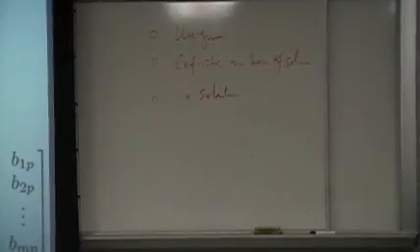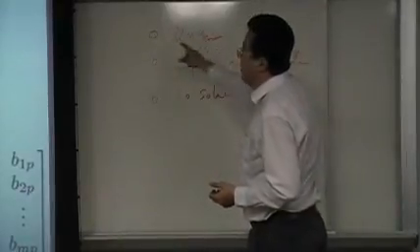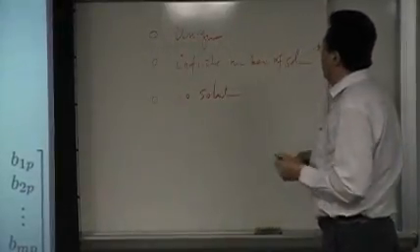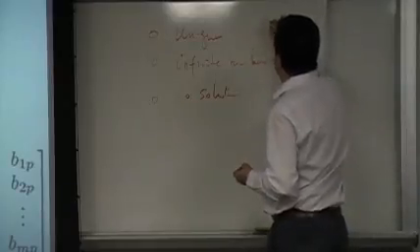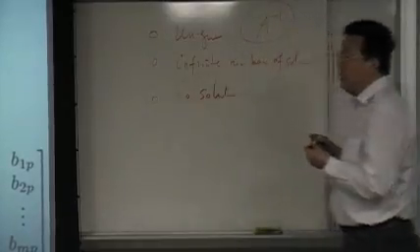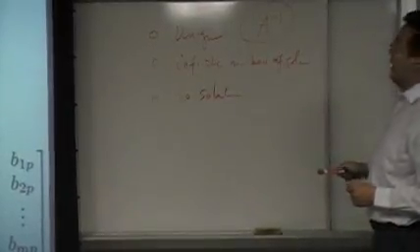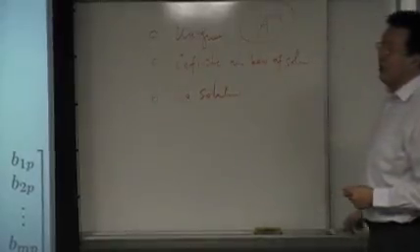So let's consider first when this kind of equation has a unique solution. It has a unique solution if the inverse of A exists, which means that A is a square matrix and it is a non-singular matrix.